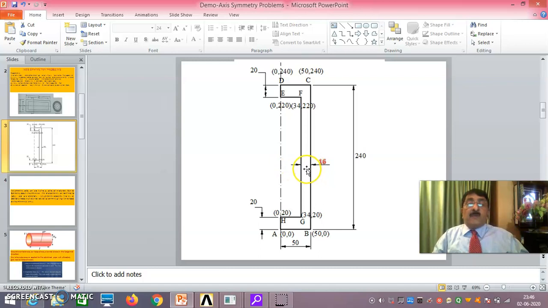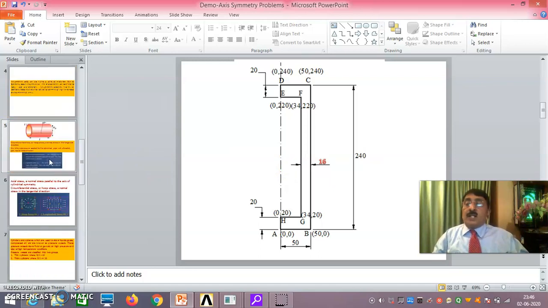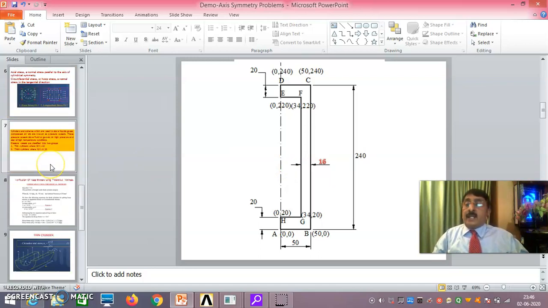So 34 by 16 is about 2.1 or 2.2. It is definitely less than or equal to 10. As a result, this comes under the thick cylinder category.